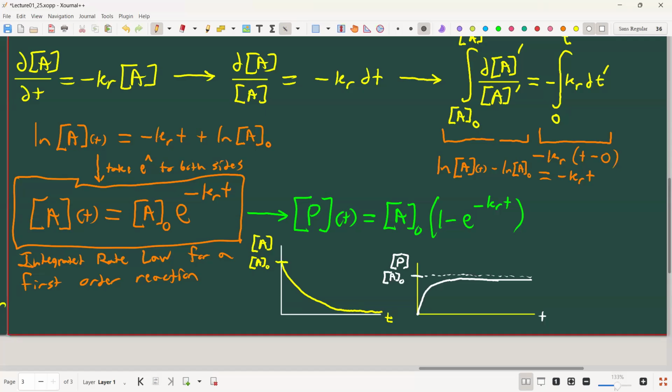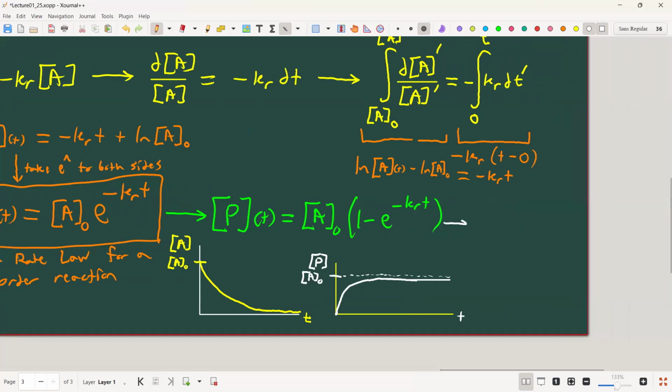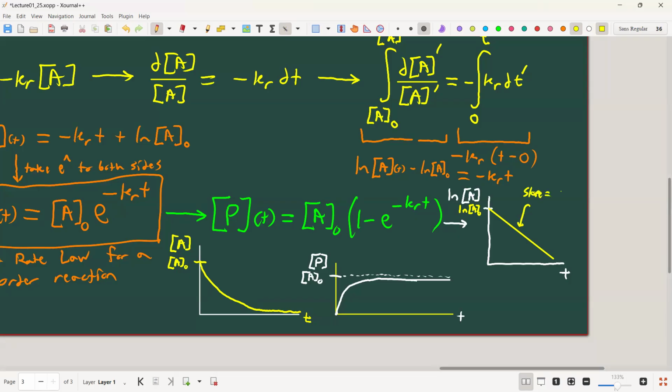This is how we often identify first order reactions: when we plot time versus the log of the concentration of the material, we start at the log of A naught and get a linear decrease like that, where the slope is equal to minus k_R.